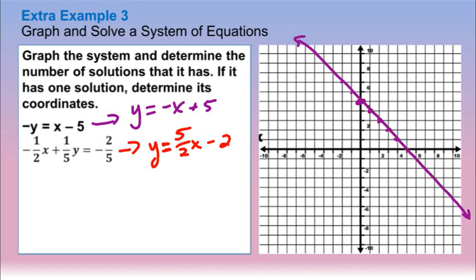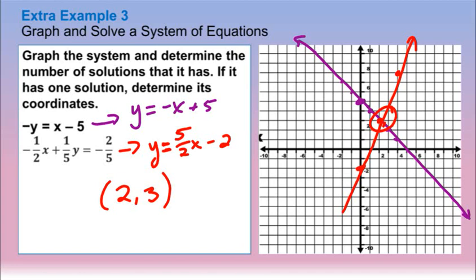The other one, put a point at -2 and go up 5, 1, 2, 3, 4, 5, to the right 2, 1, 2, up 5, 1, 2, 3, 4, 5, to the right 2, 1, 2, and draw our line here. That's not a good line now. We can see that it crosses here, which is at 2, 3. So our solution would be 2, 3.